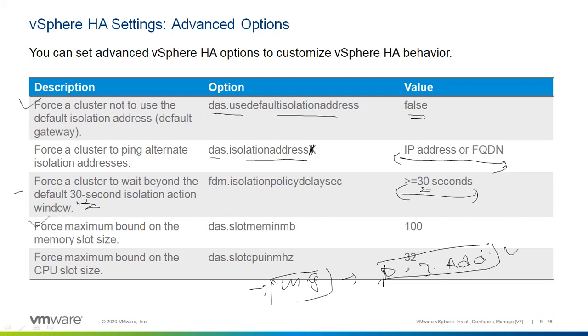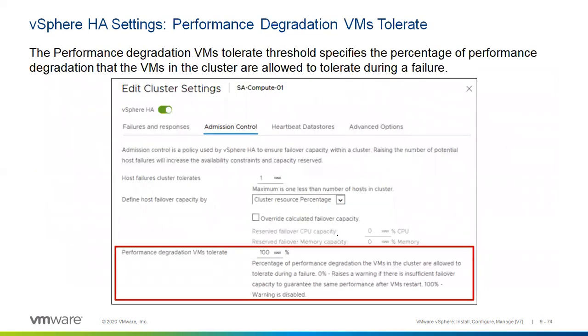Force maximum slot size that I was talking about. Default memory slot size is 100 MB and default CPU slot size is 32 megahertz. If we want to change the default slot size, we can do. But where will we keep all these values? In my HA settings under the advanced options.